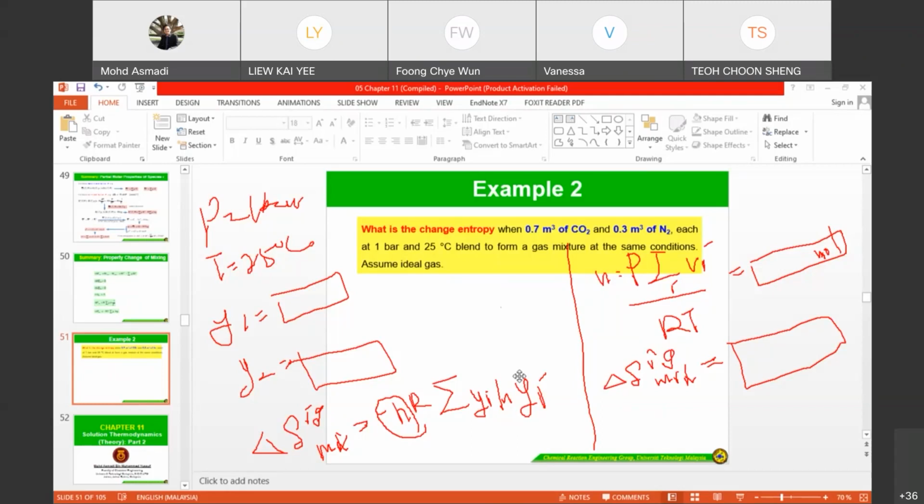Okay, give me the answer. What is the number of moles as well as the delta S mixing?